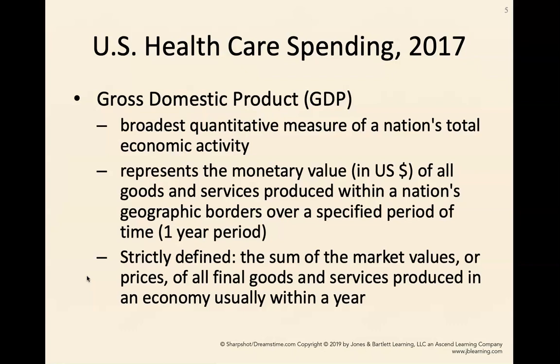So if you put a monetary value to the goods and services that are produced within a country's geographic borders within 1 year, then if you put all that monetary value together, that is referred to as the gross domestic product. So strictly defined, it's really the sum of the market values or the prices of all the final goods and services that were produced within an economy in any given year.